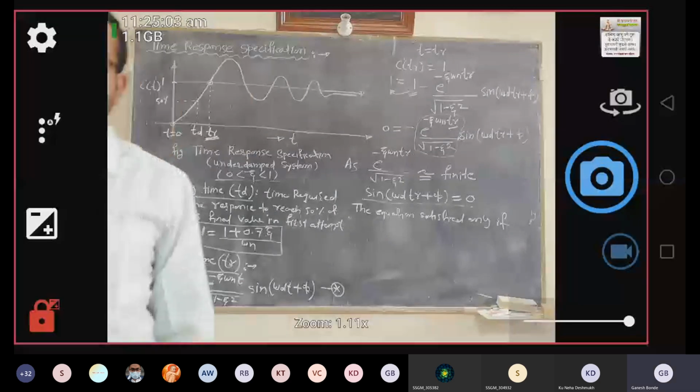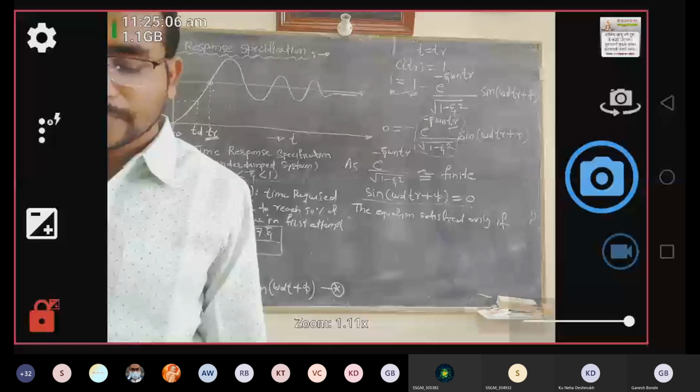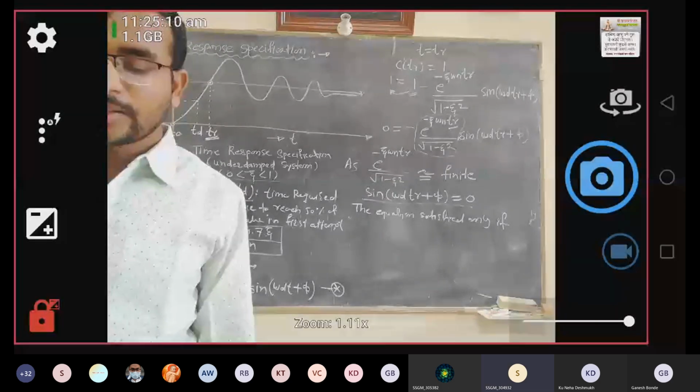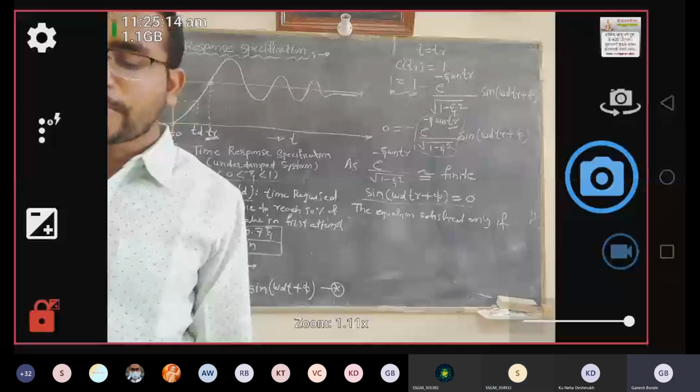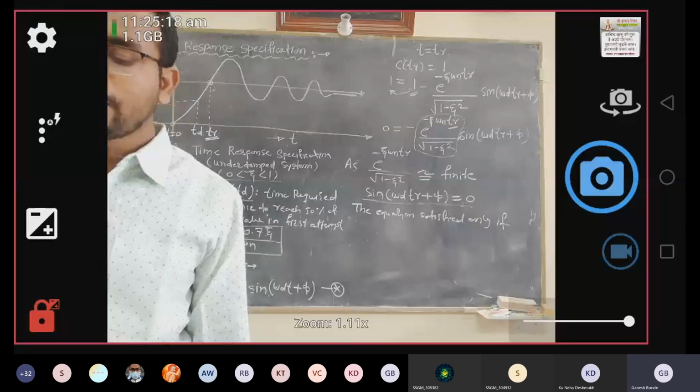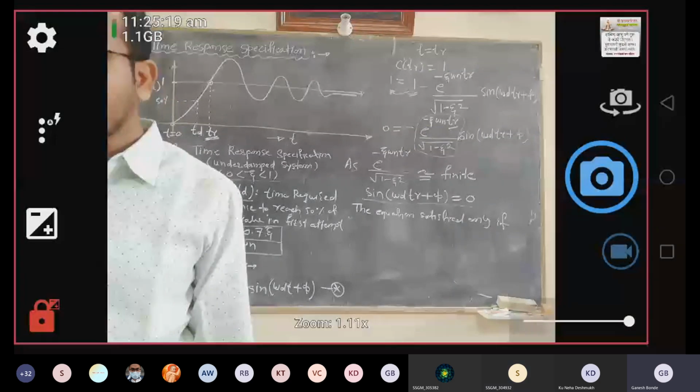What is the value of sin pi? Sin 0, sin pi, sin 2 pi, sin 3 pi, sin 4 pi, all those values could be 0.